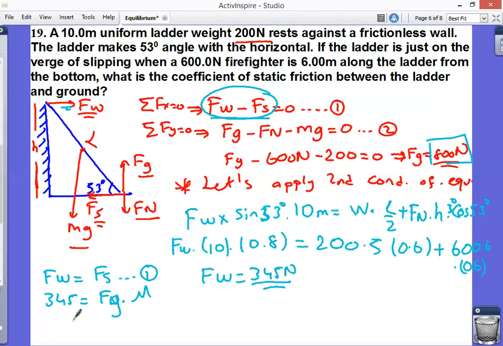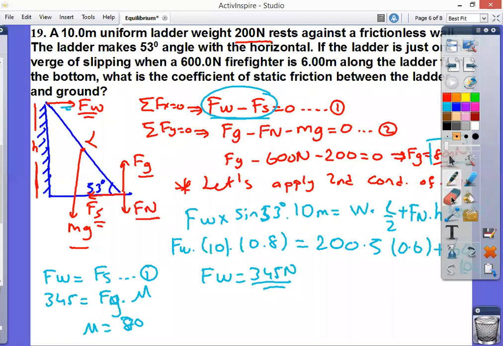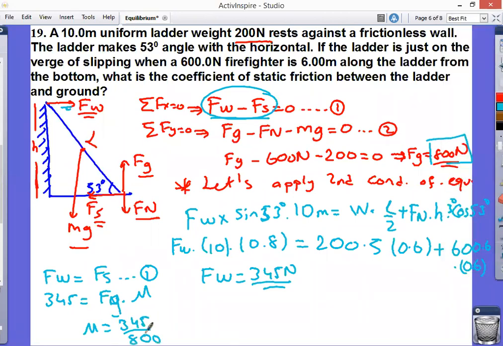When we find the mu, it's going to be 345 over 800, right? When you divide this, you're going to get around 0.43, okay? So the mu will be around 0.43.